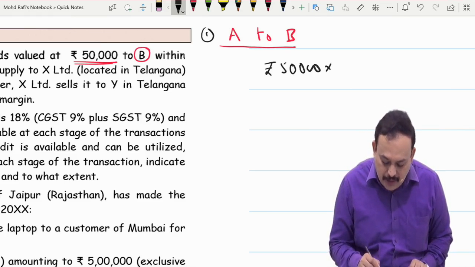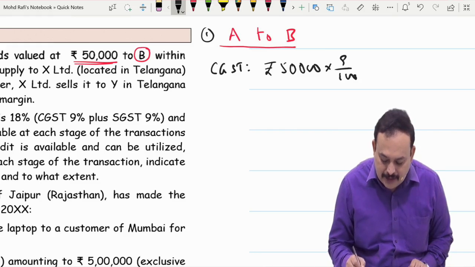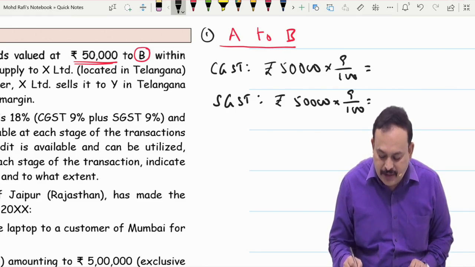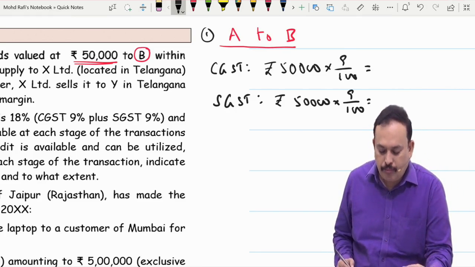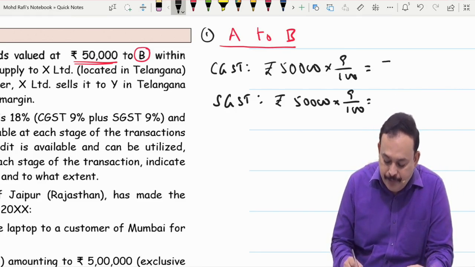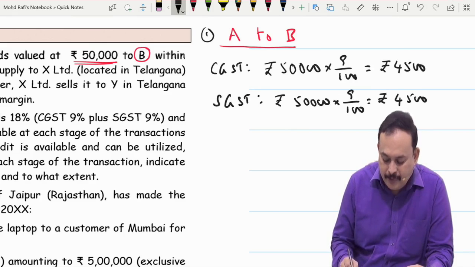Therefore, I will say CGST 9% and SGST again on rupees 50,000 at 9%. How much comes here, my dear? 4,500 and 4,500. Is it clear?